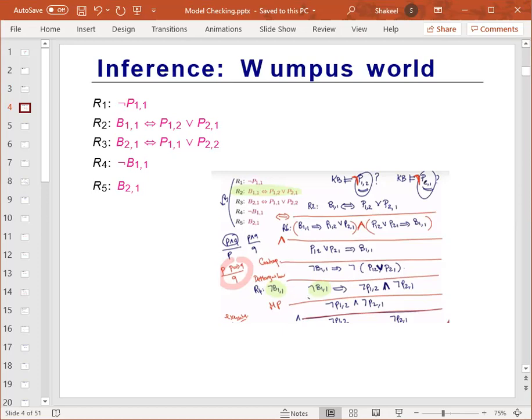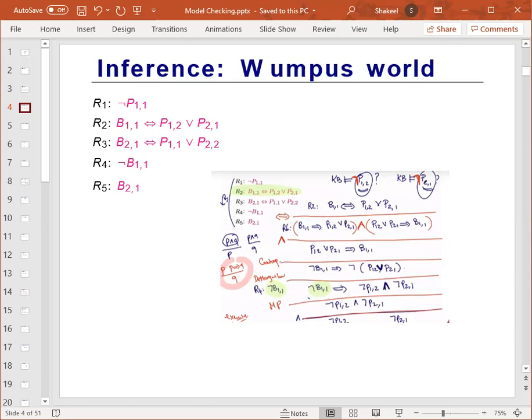Now suppose we don't have model checking as a tool. We can only do inference using modus ponens and whatever equivalent propositional logic formulas we found earlier. So no semantics at all, just syntax. In this Wumpus world, we have the rules R1, R2 through R5.